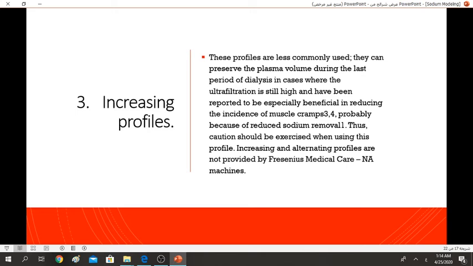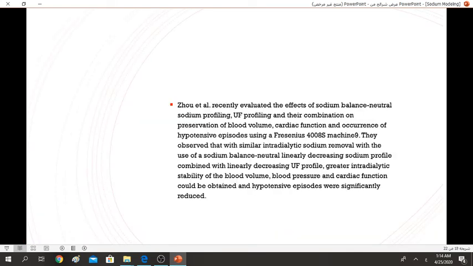Thus, caution should be exercised when using this profile. Increasing and alternating profiles are not provided by Fresenius Medical Care NA machines.